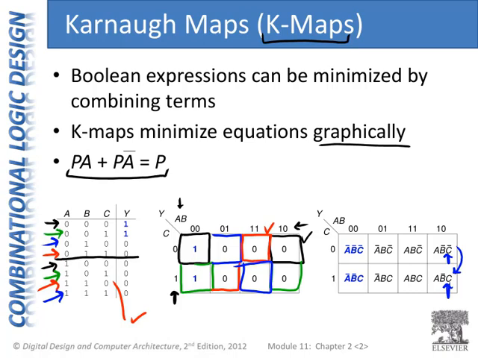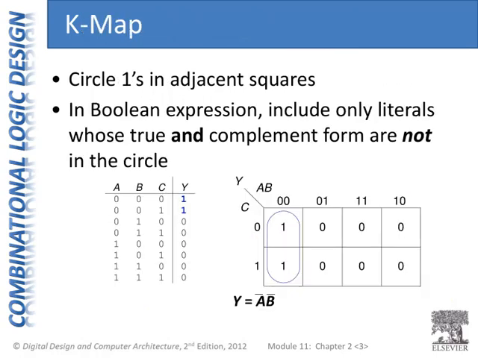If we have some terms, A, B, or A, B bar, that differ only in a single literal, in this case the B literal, we can combine those terms and just get A.